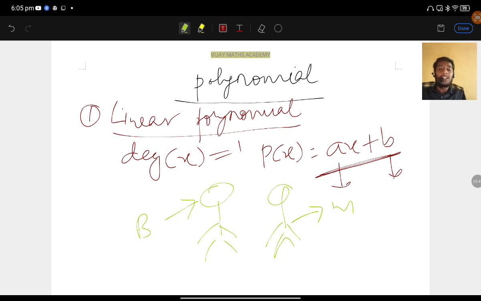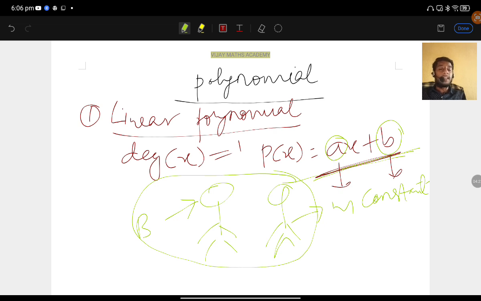Beside the Motu, Bablu will be sitting. In the same way, beside x, what will be there? It will be a. So here the coefficient of x will be a, whereas b will be the constant term. So you will very clearly understand the coefficients and constant. So for the linear polynomial, the general form will be ax plus b.